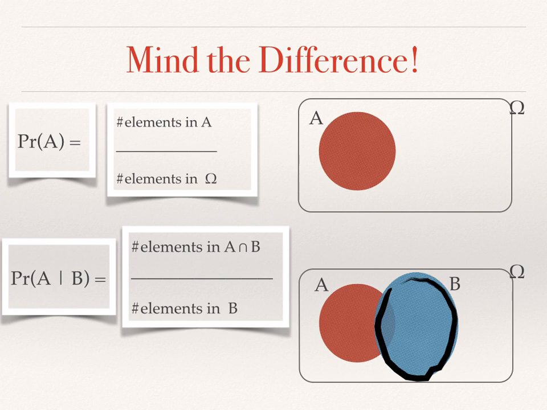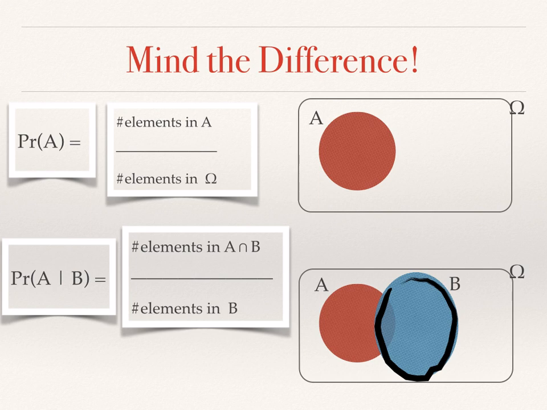Whereas when we think of the conditional probability, the probability of A conditional on B, our focus is no longer Omega but just B. You see that in the denominator, Omega becomes B. We don't need to count the number of elements in Omega, but we need to count the number of elements in B. So B becomes the Omega when we talk about conditional probability.